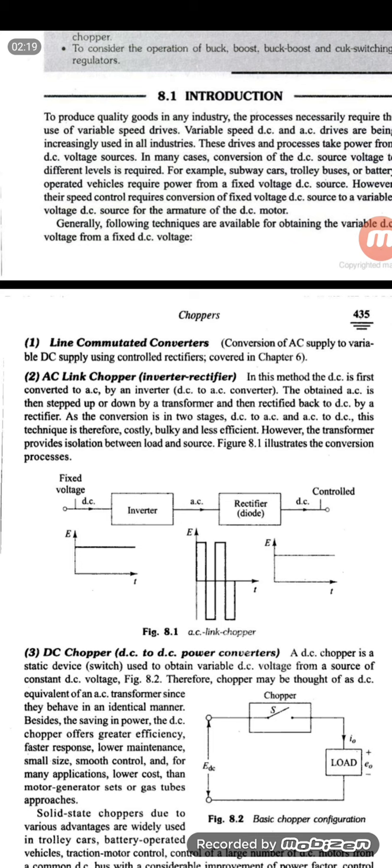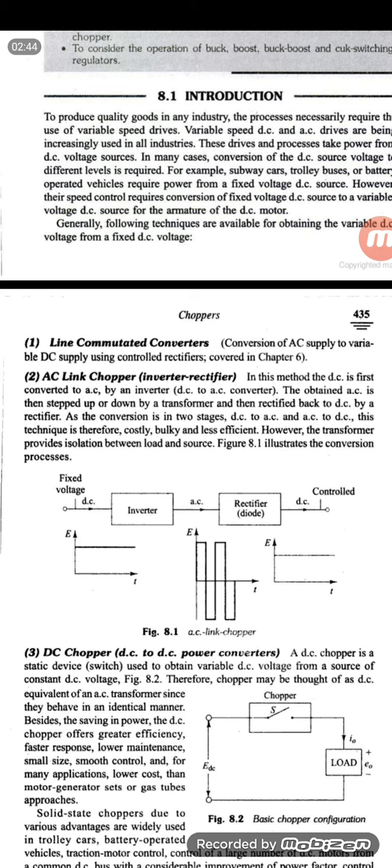Once the supply goes negative, the switches automatically turn off, so there is no need to apply any forced commutation technique. That's why it is called line commutated converters. The supply itself is commutating, or turning off, the switches.